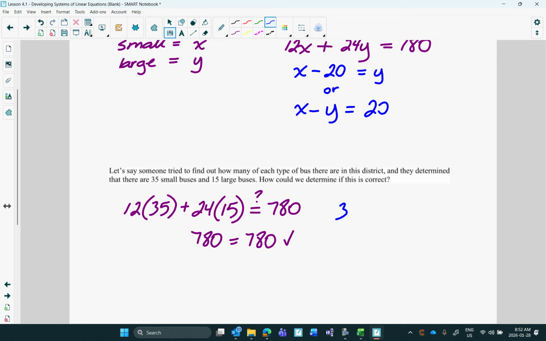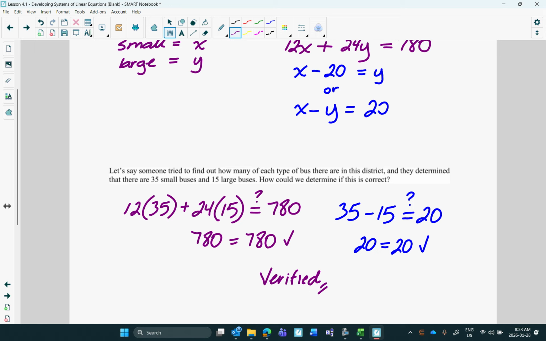Does 35, the number of small buses, minus 15, equal 20? Yeah. So what we would write as our final answer is simply the word verified. It works.